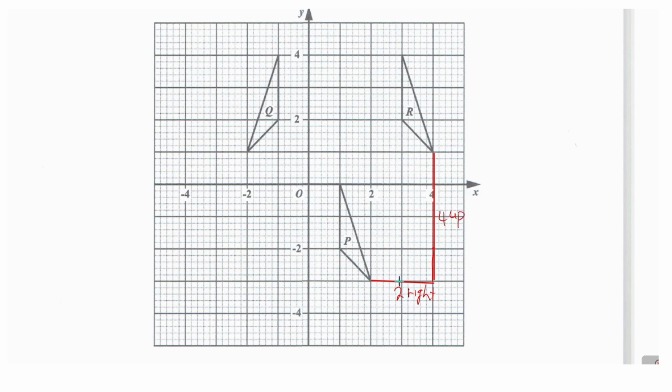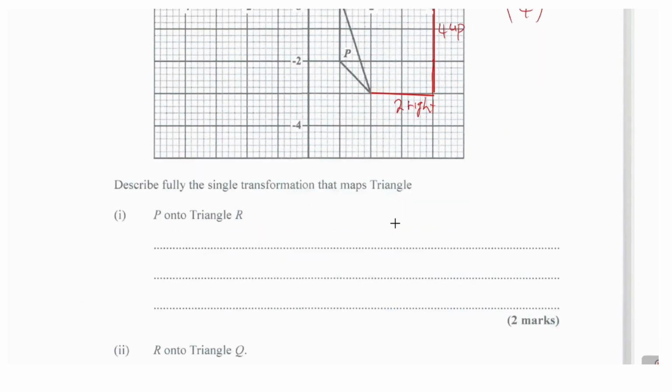So what this is saying, this is a translation by vector (2, 4). So we can write then that it is a translation by vector (2, 4).